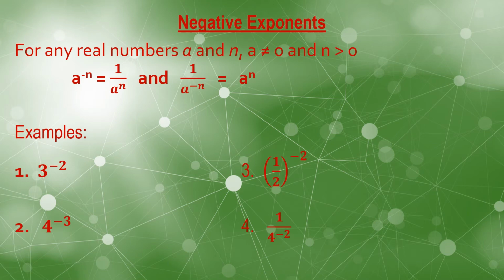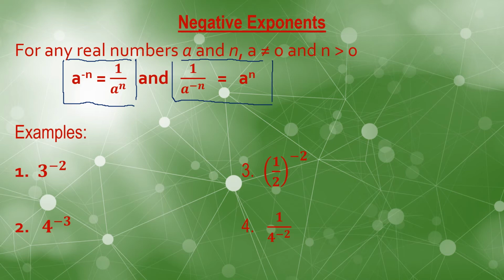Negative exponents. Remember that for any real numbers a and n, where a is not equal to 0 and n is greater than 0, keep in mind that a raised to negative n is equal to 1 over a raised to n. And 1 over a raised to negative n is equal to a raised to n.